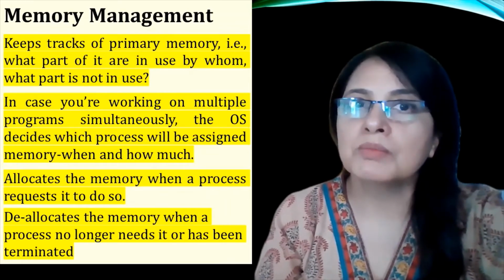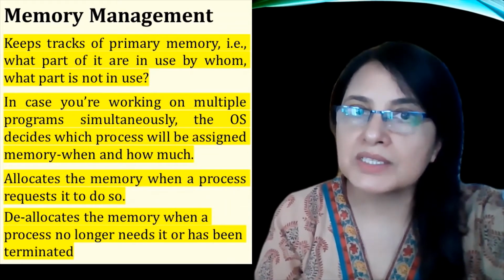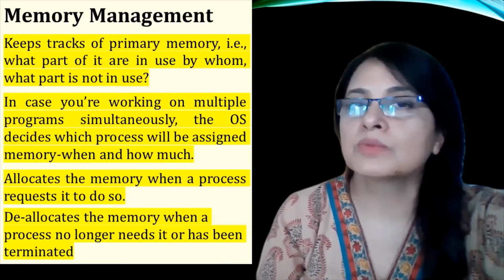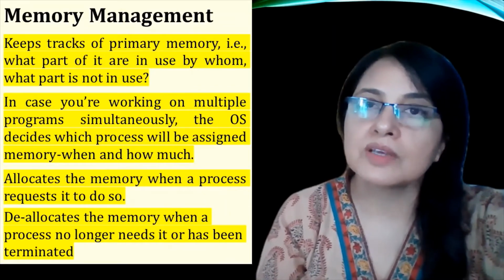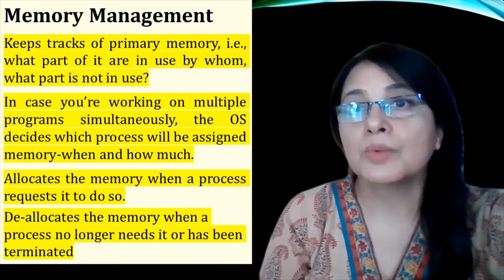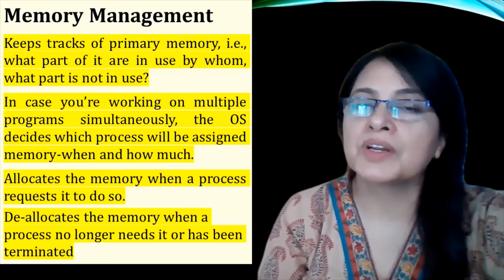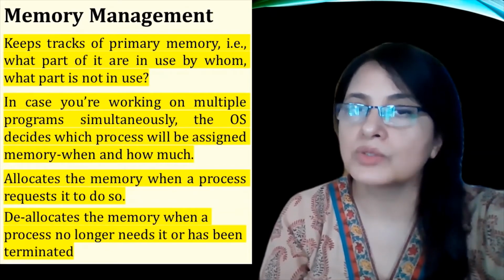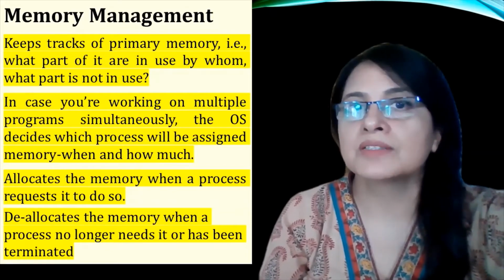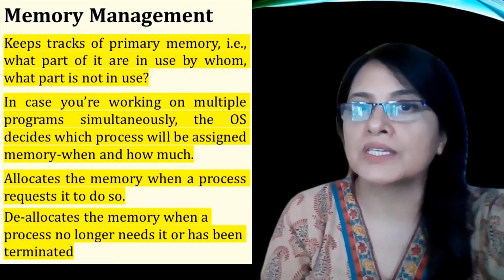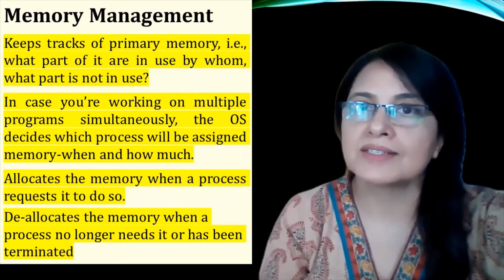So if you're working on multiple programs simultaneously, the operating system will decide which process will be assigned memory, when and how much. And then it allocates the memory when a process requests it to do so, and it deallocates it when that process no longer needs it or has been terminated.